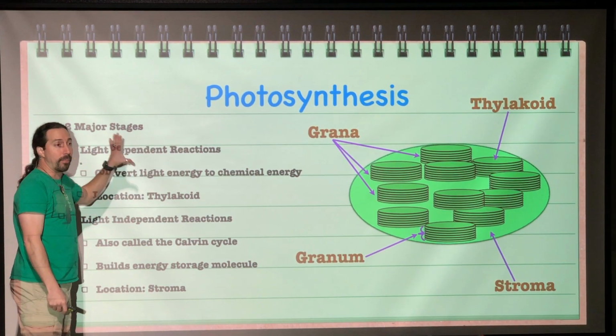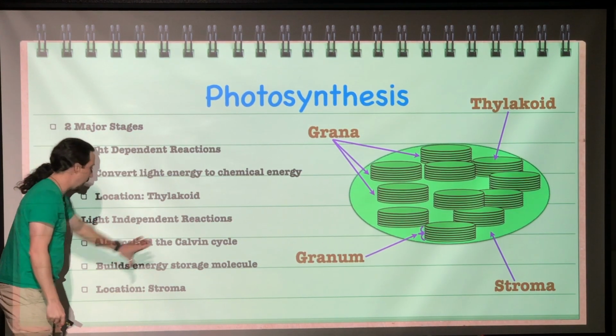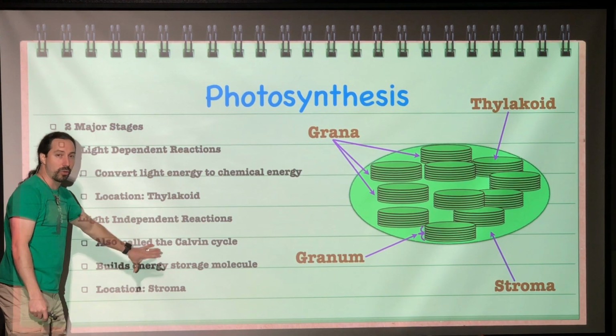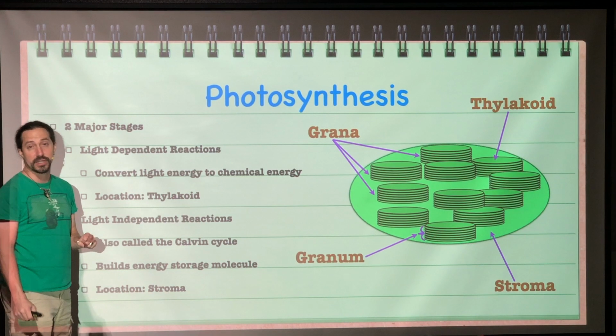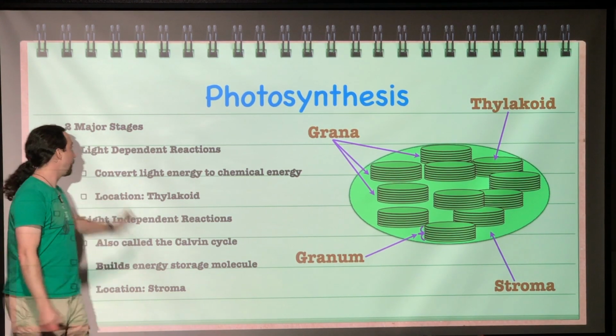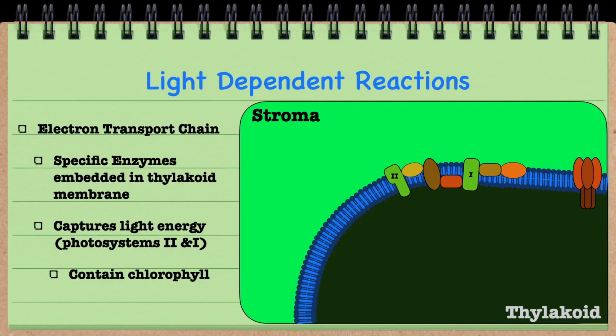But the products of the energy conversion are going to be used to then build our storage molecules. We will not be looking at the light-independent reactions today. Today, we are only going to be focusing on the first stage, the light-dependent reactions.